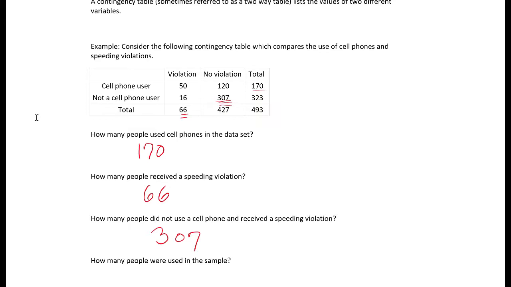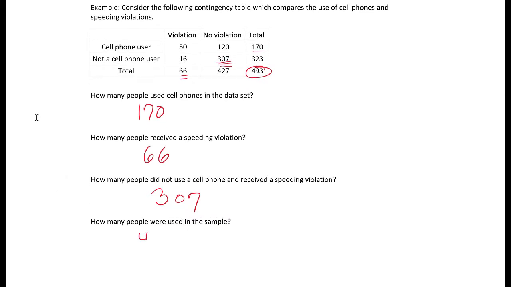And lastly, how many people were in this sample? We have the total number right here, I'm circling it, the 493. So 493 people in total were surveyed.